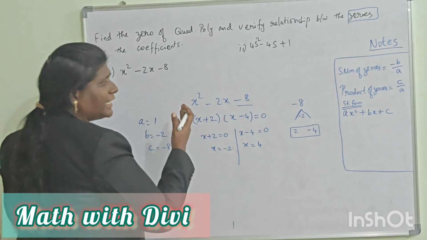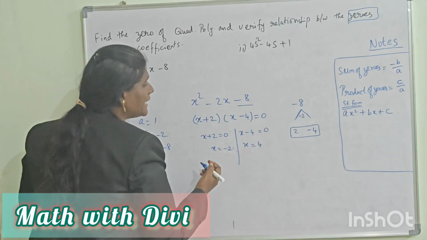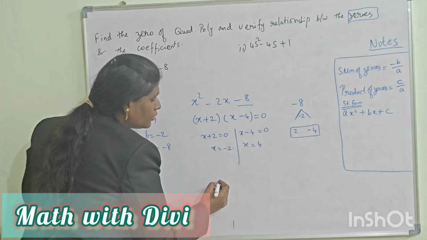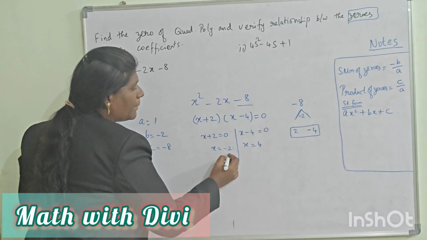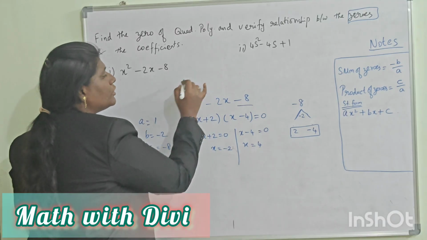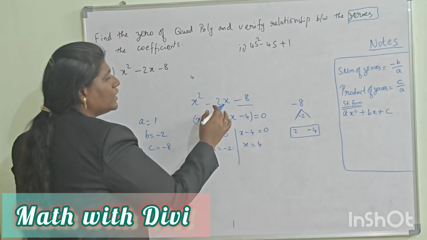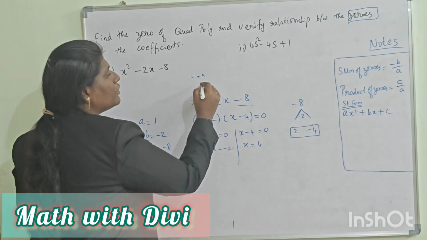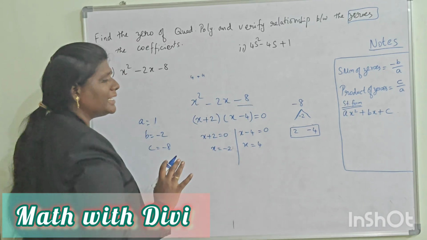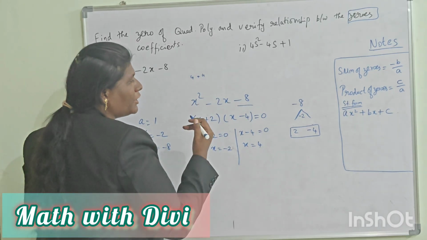Let me check whether it makes this polynomial 0. Check பண்ணலாமா? So first -2 apply பண்ணுங்க இந்த equationல. So -2 apply பண்ணோம்னா +4, again -2 போட்டோம்னா +4, 4 plus 4 is 8, -8 is 0. It makes the polynomial 0.